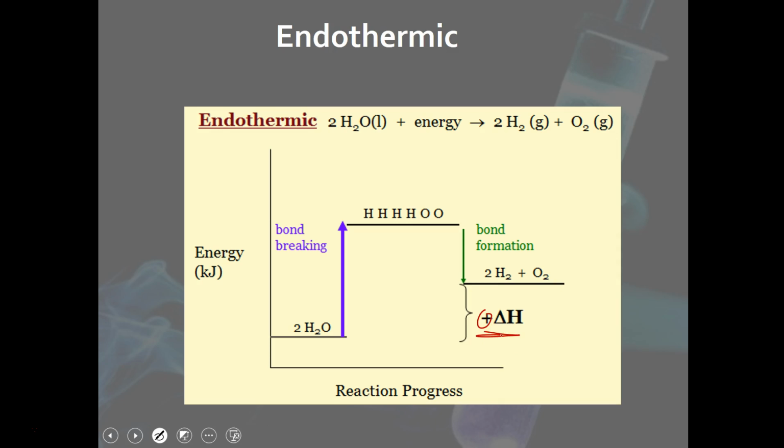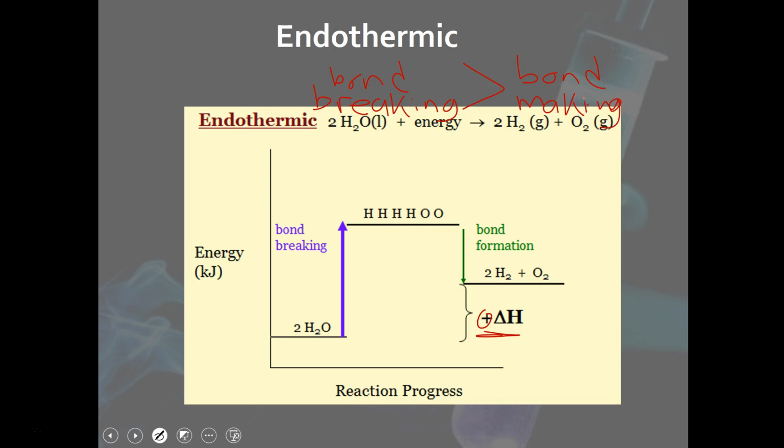And so in an endothermic reaction, you just want to write this down. In an endothermic reaction, the bond breaking energy is greater than the bond making. And again, if you were here yesterday, we did that little sheet.